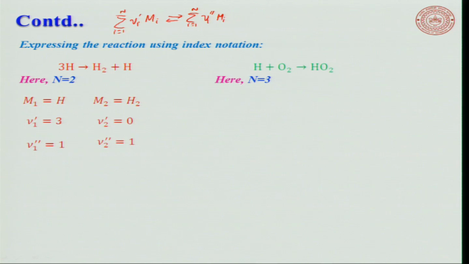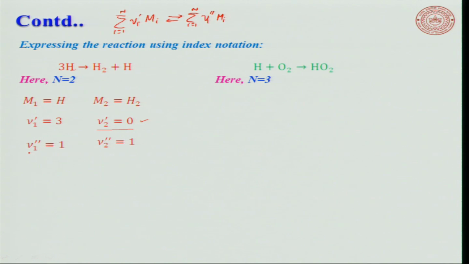In this case it is 3, because H is there. What about V2 dash? V2 dash will be 0, because there is no S2 on the left hand side. M2 is S2, and it is not on the left hand side, therefore this will be 0.